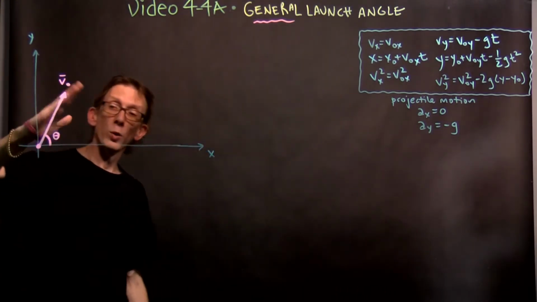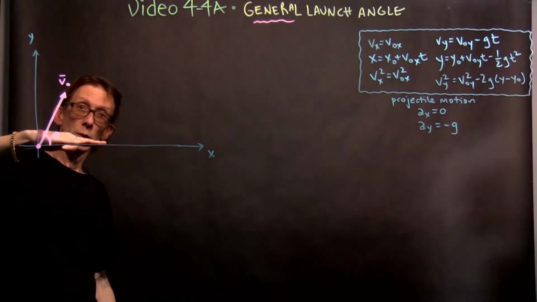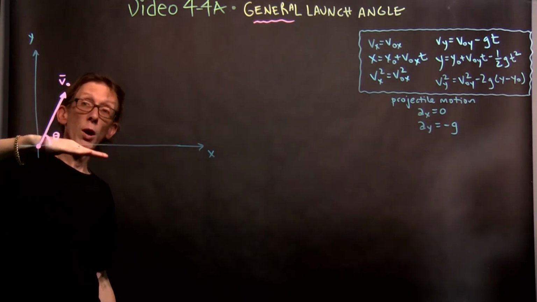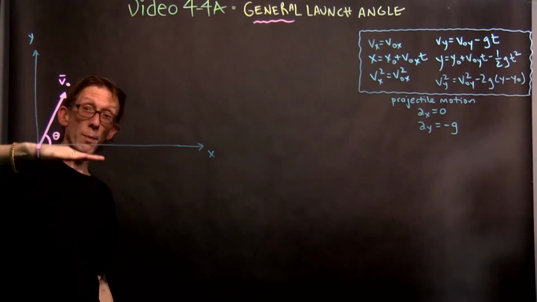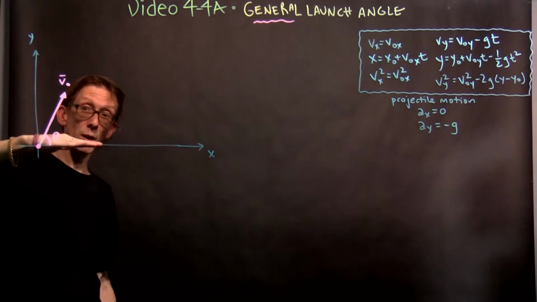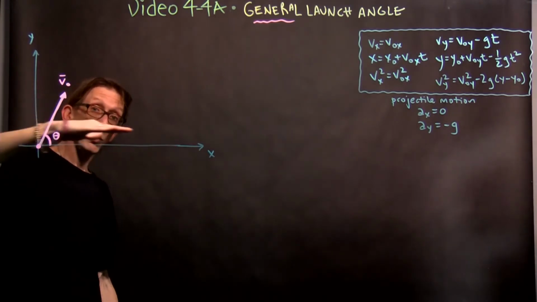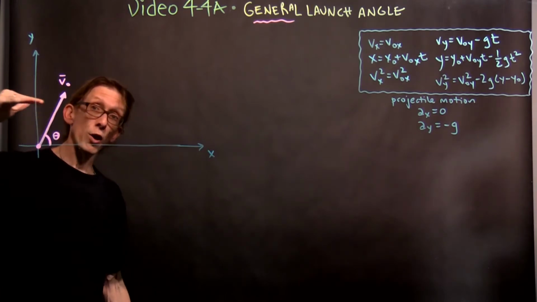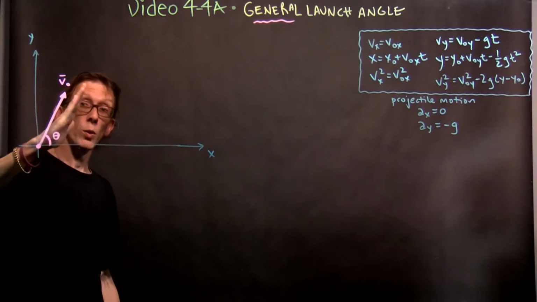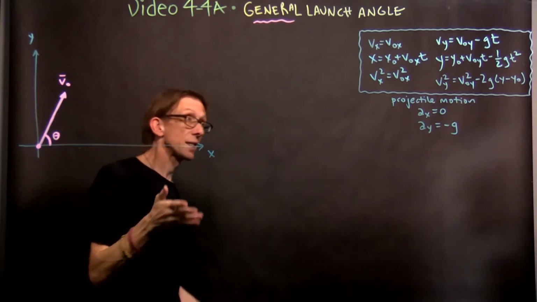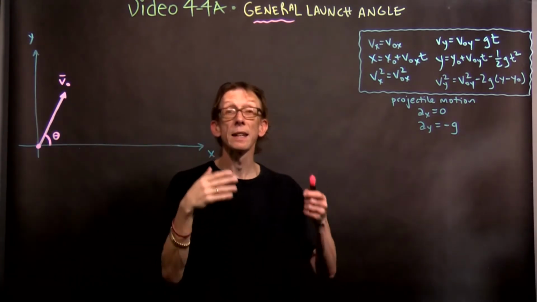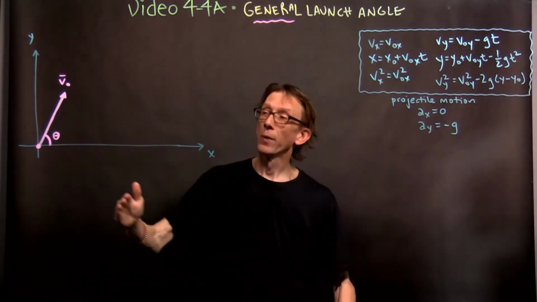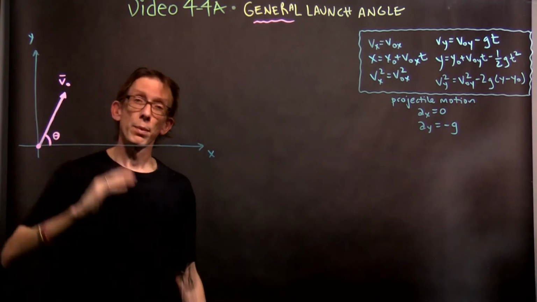Before, our launch angle was 0. Now, the ball or the car might have been launched from an elevation above y equals 0, but the angle relative to the x-axis that the ball and the car were launched at was 0. But now we're going to allow for a more general case, the kind you've seen before, like when somebody hits a baseball, the baseball goes up.